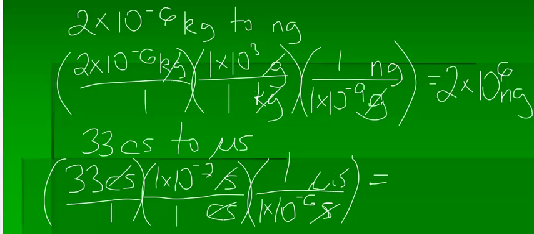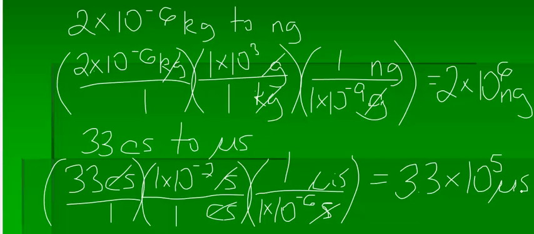And I always go back to my base unit before I try to go into another prefix. 33 times 1 times 10 to the negative 2 divided by 1 times 10 to the negative 6th. Again, if you have your calculator, make sure you can get these entered correctly and get the correct answer. You would get 3.3 times 10 to the negative 5, and that would be microseconds.